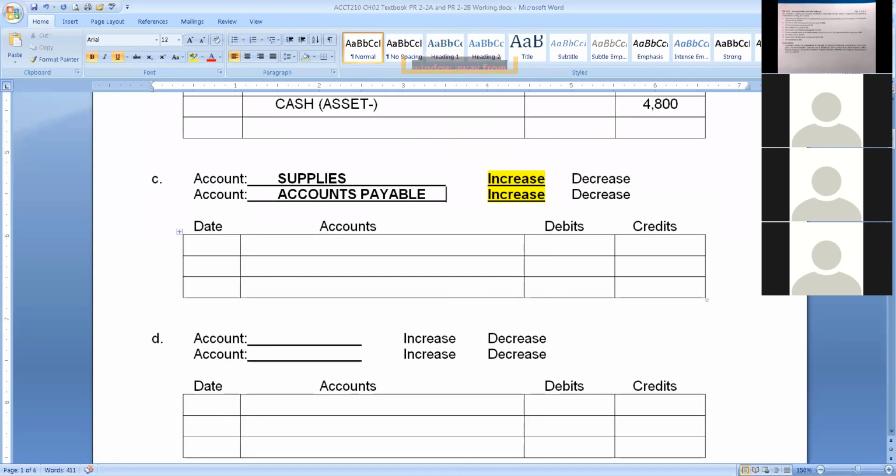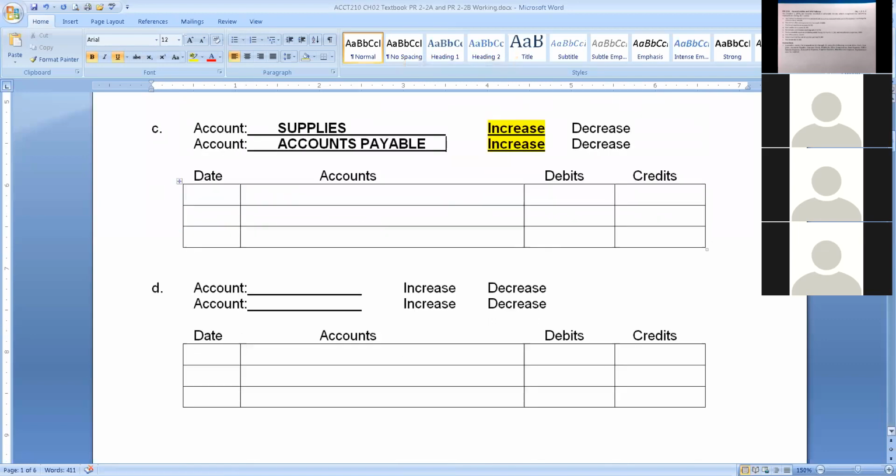Go back to yellow. So these are both increasing. I should have done... Hold on a second. I'll make this just so I keep going down the screen here. I might just go over here and point to this. So supplies are an asset. They're going up, so it'll be the debit. Supplies is an asset, it's going up.